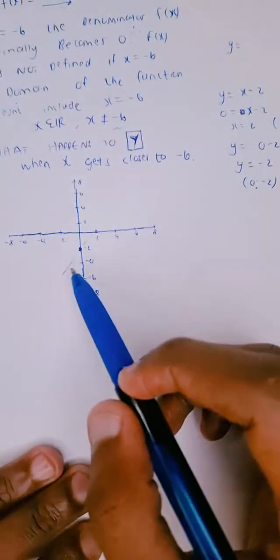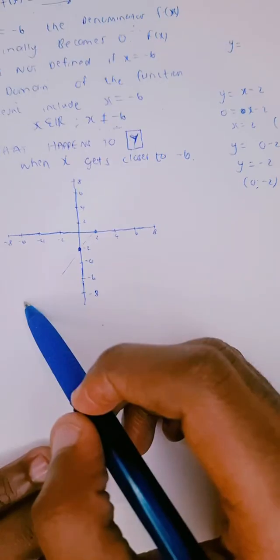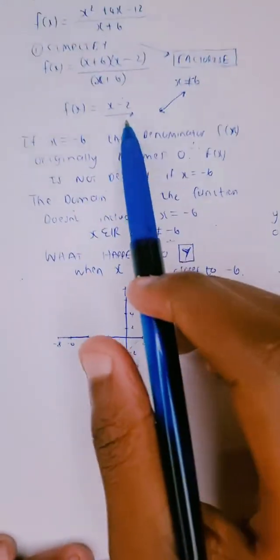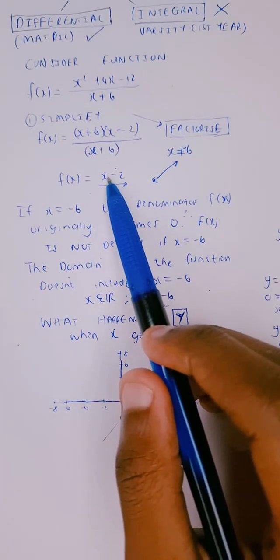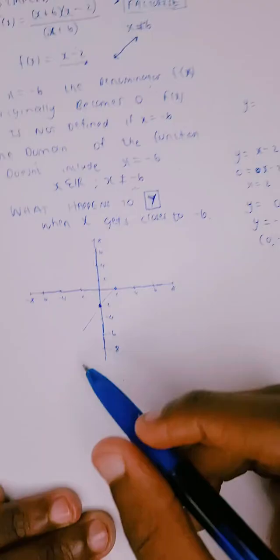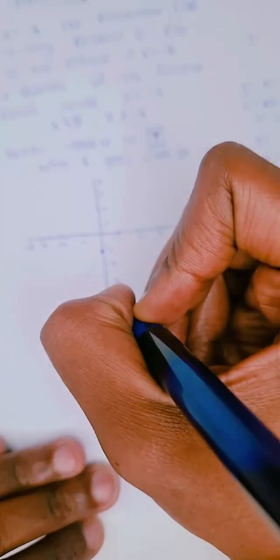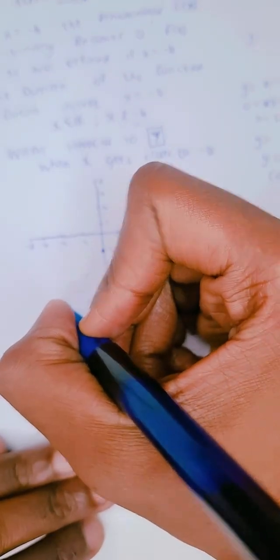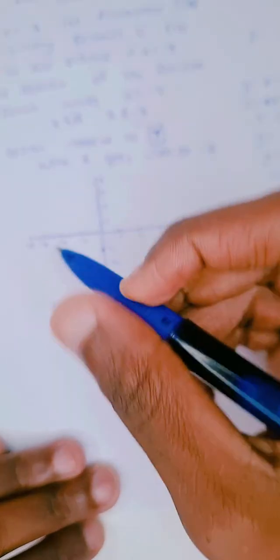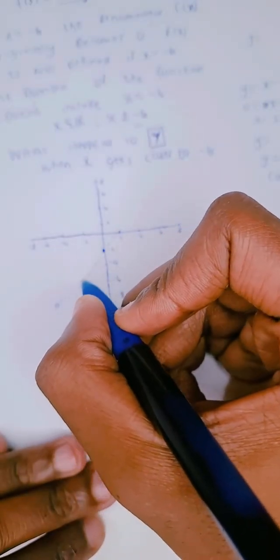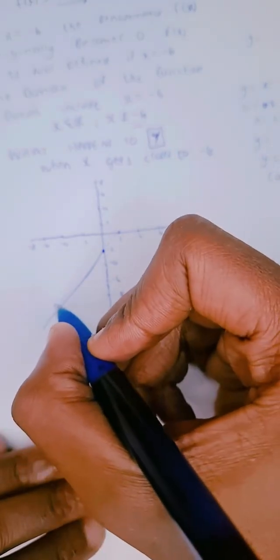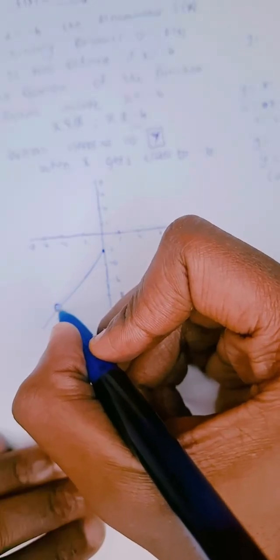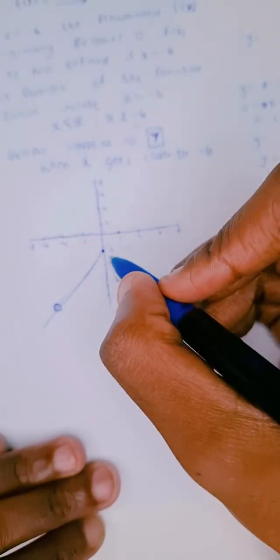We know that x cannot be negative 6, all right? But if we come here to this function and substitute the negative 6, we get negative 8, but we know that the function cannot exist here at negative 8. So what we do is that for the straight line that we draw, we draw a straight line, but then this straight line has a hole.